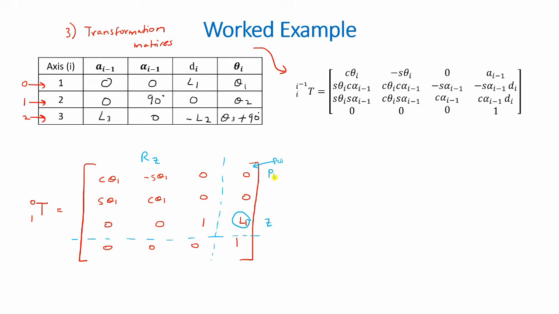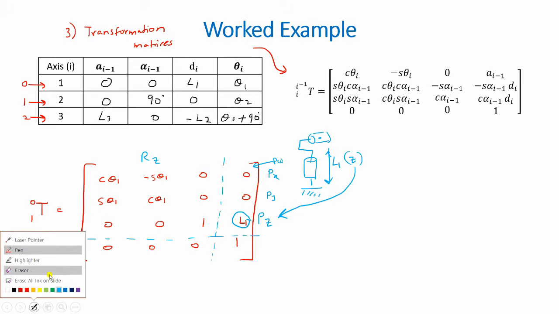So you have your px, py, and your pz, and this matches up because the first joint, which had its origin somewhere here, was L1 away from the base in the z direction. So that is why this L1 is over here. So it makes sense.